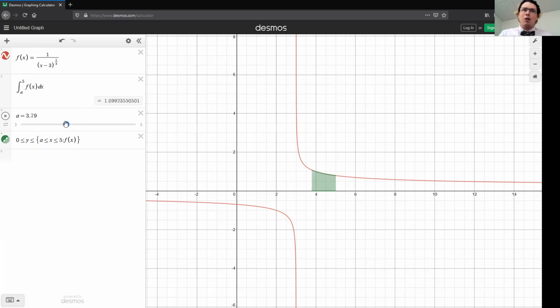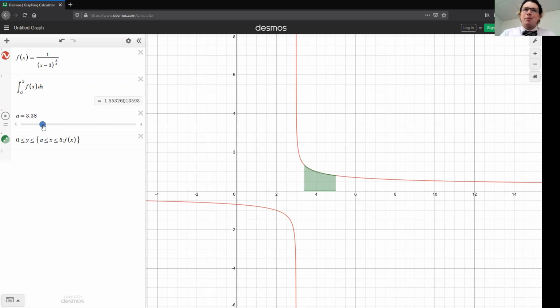And I can take smaller values of that lower bound, and you can see that I'm picking up more area here. And Desmos now tells me that the integral is representing 1.54, if I round, units of area.